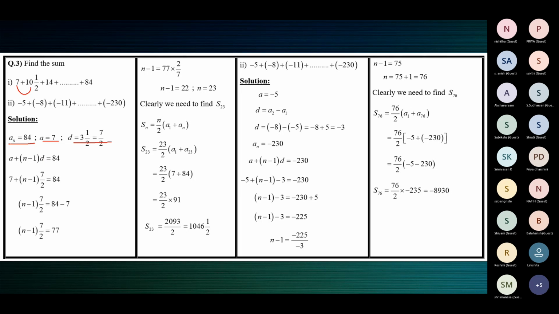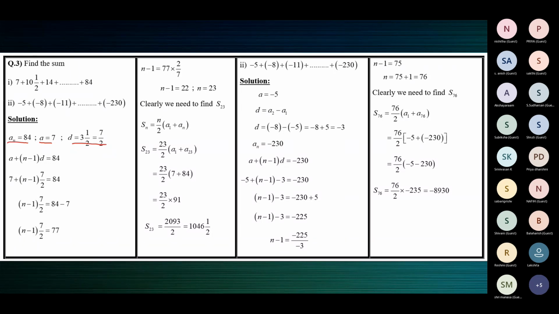So now an is equal to 84. An is 84 means a plus n minus 1 into d is 84. From the series you can make out that d is the second term minus the first term.